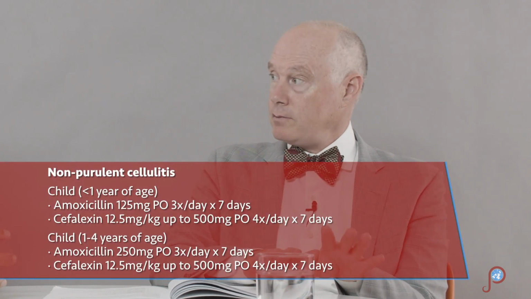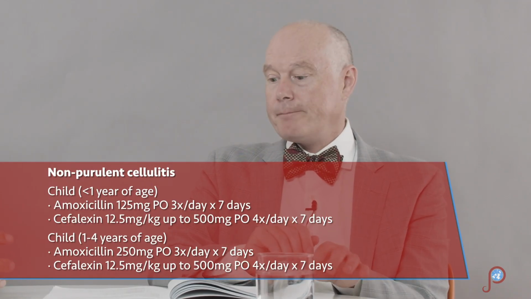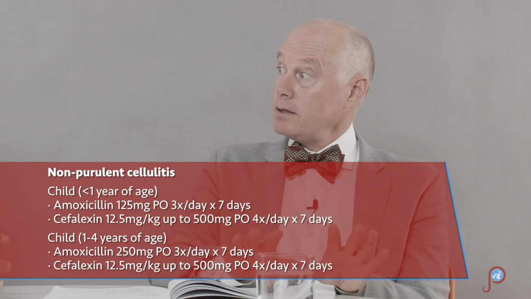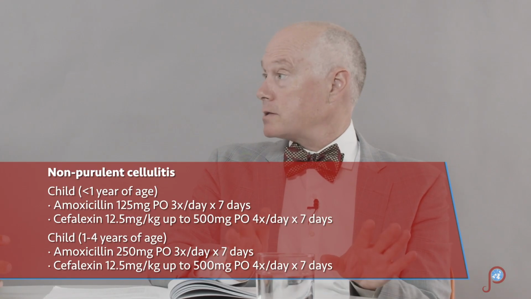Well, let's talk about the treatment, which is going to follow from an accurate diagnosis. The accurate diagnosis that you want to make is non-purulent or streptococcal cellulitis, or erysipelas. That is going to respond very quickly to antibiotics that target strep. So we often recommend amoxicillin.